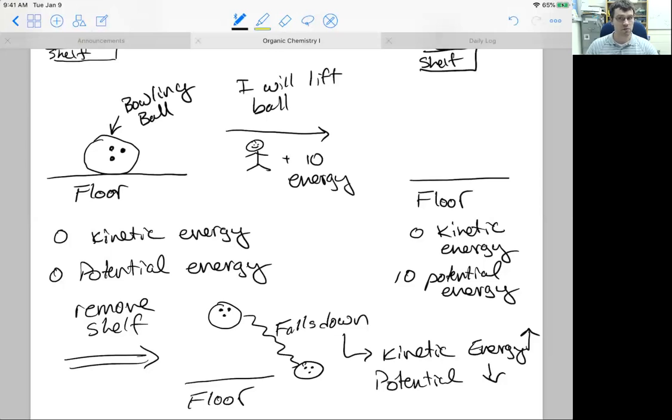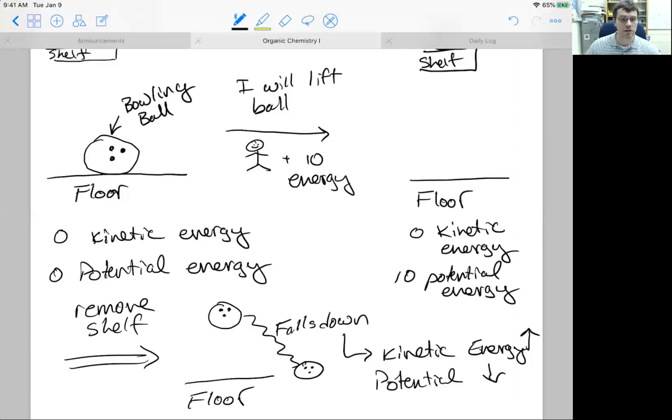If the shelf was removed or the ball was pushed off the shelf, those 10 potential energy units would start to be transferred into kinetic energy units as the ball drops to the floor. When it drops to the floor, it dissipates that kinetic energy out to other parts of the system, and we're back to where we started with 0 kinetic energy and 0 potential energy as the ball sits on the floor.